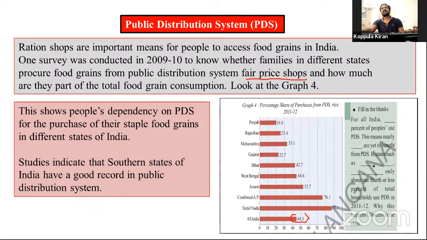In states such as these four, Punjab, Rajasthan, Maharashtra and Gujarat, or northern states, it is very low. Southern states like combined AP and Tamil Nadu have much higher food grains provided by the state governments.